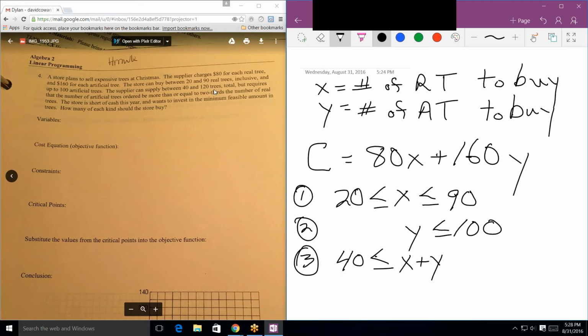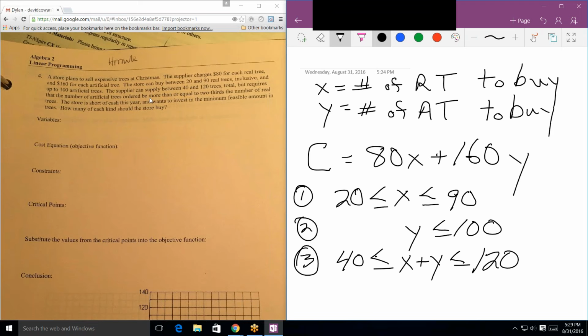Oh, yeah. The total trees we're going to buy is X plus Y. Okay, that makes sense. But the supplier requires that the number of artificial trees ordered be more than or equal to 2/3 the number of real trees.